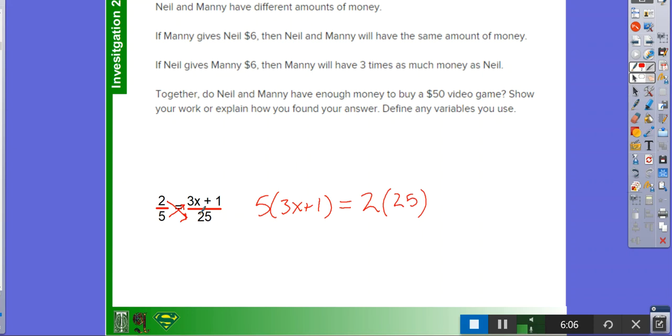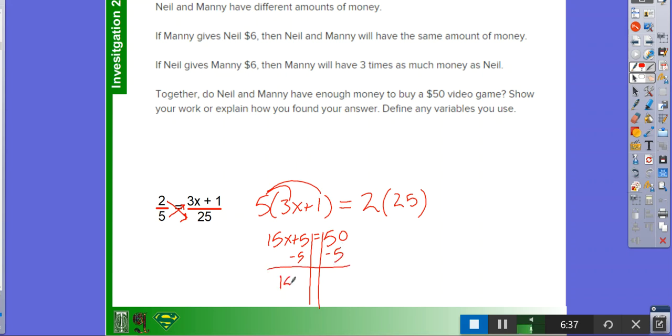All right, so what is 5 times this binomial? There you go. What is 2 times 25? 50. Now this should be right in your wheelhouse. So what are we going to do to both sides to get the x by itself? Subtract 5.